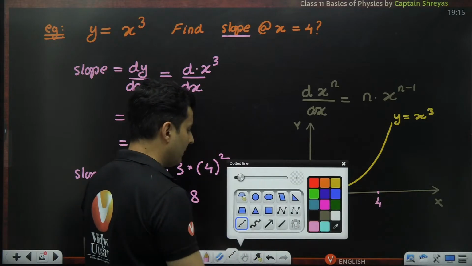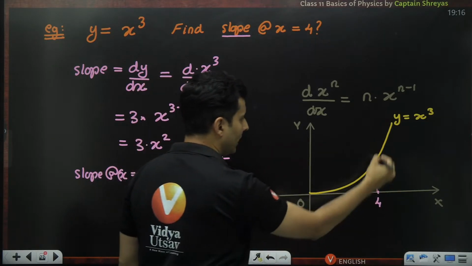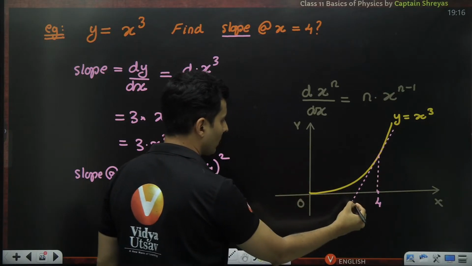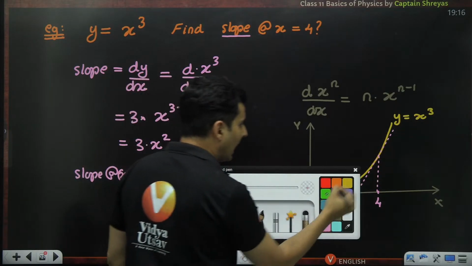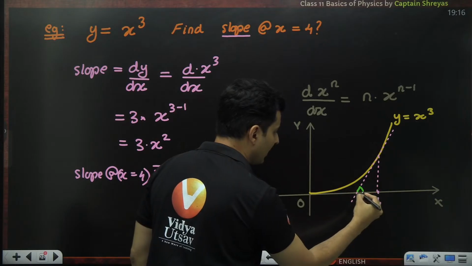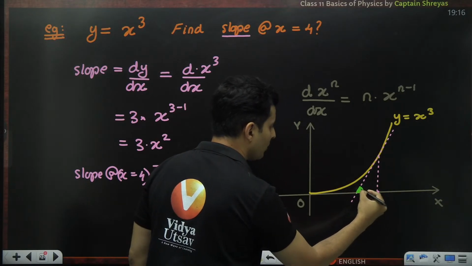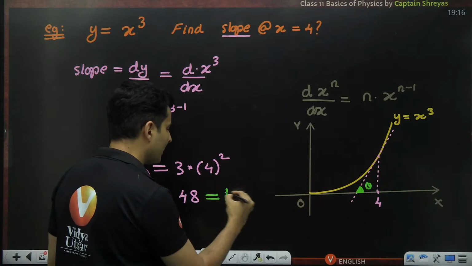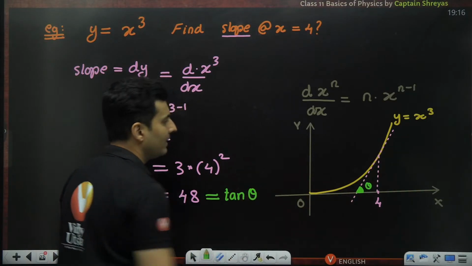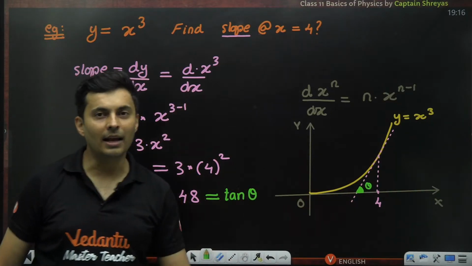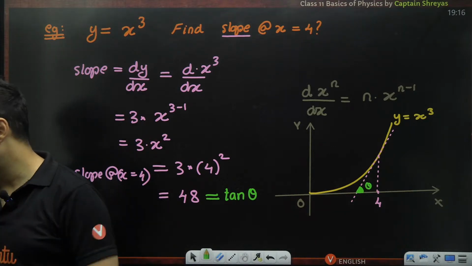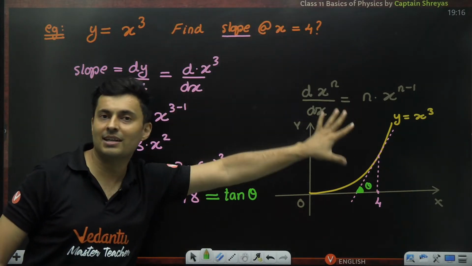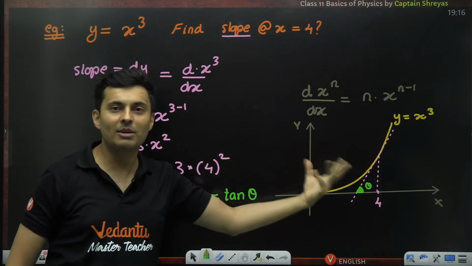And then that person at that particular point draws a tangent to that curve and then measures that particular angle. If you end up measuring that angle, then this 48 will be exactly tan of that theta. That is the meaning of it. Understood? What is the meaning of finding the derivative? This is the graphical representation, which is looking very simple.